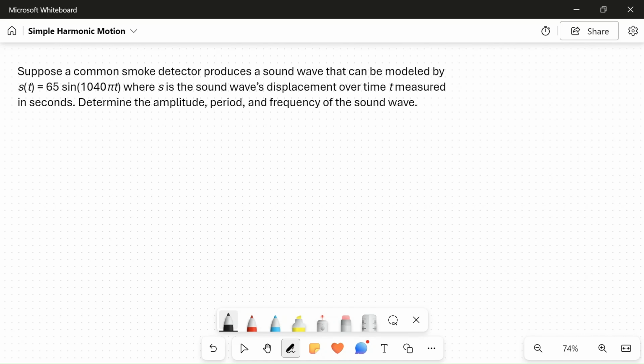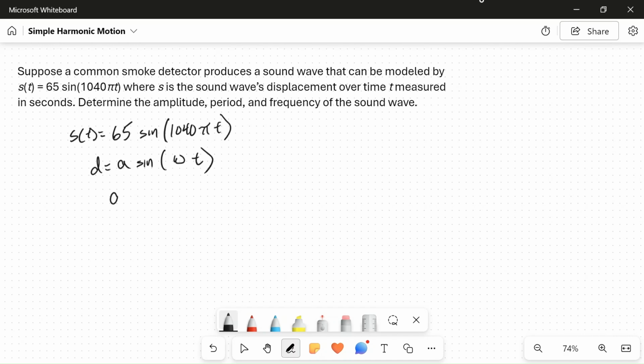Okay, so again, our function that we're given is s of t is equal to 65 sine of 1040 pi times t. So if we look at our general formula, that was d is equal to a sine of omega t.